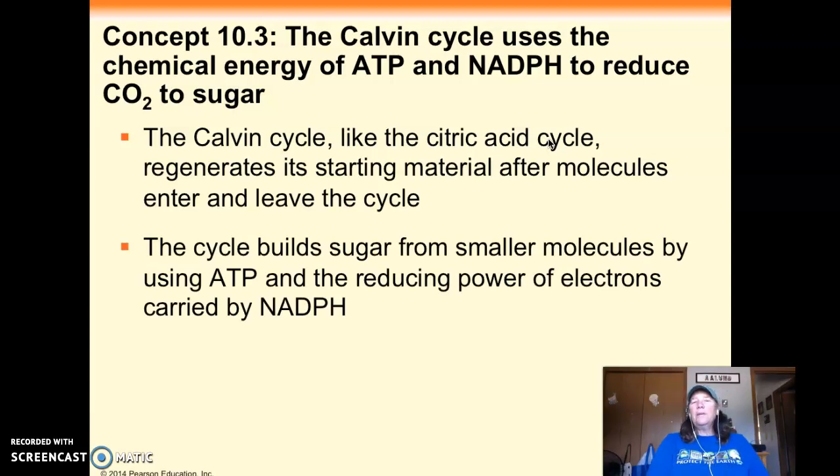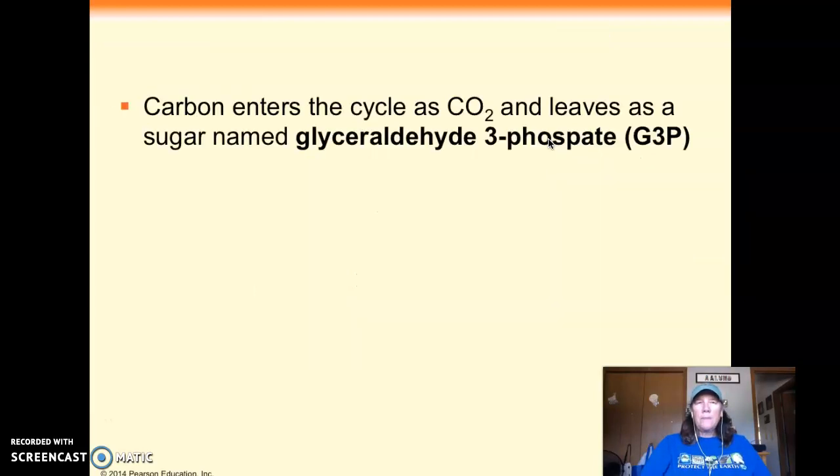The cycle builds sugar from smaller molecules, from carbon dioxide and water, using the ATP and the reducing power of NADPH, another form of energy, to produce our organic molecules, our sugars. Carbon enters the cycle as carbon dioxide and leaves as glyceraldehyde 3-phosphate, an organic molecule.